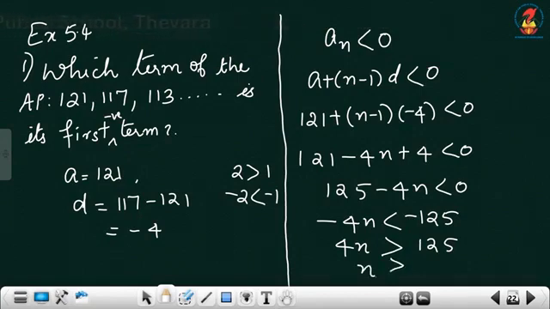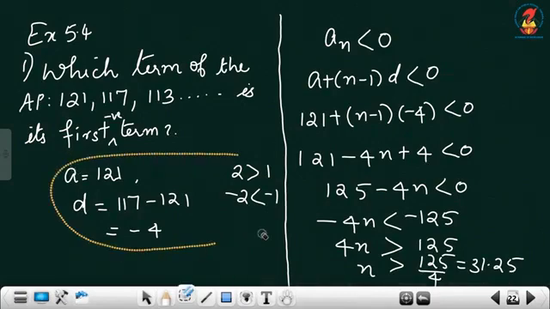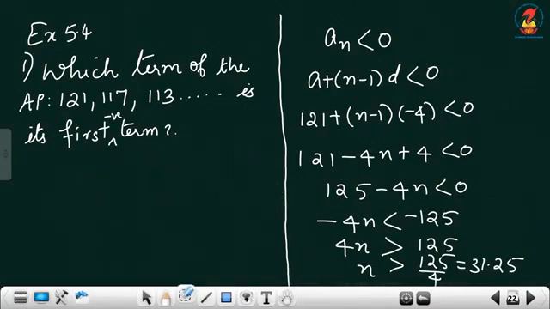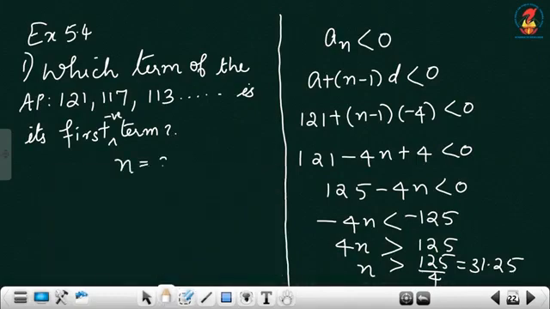So n is greater than 125 divided by 4, which is equal to 31.25. We got n greater than 31.25. So we can take the value of n as 32.